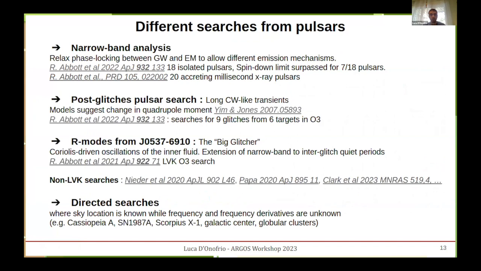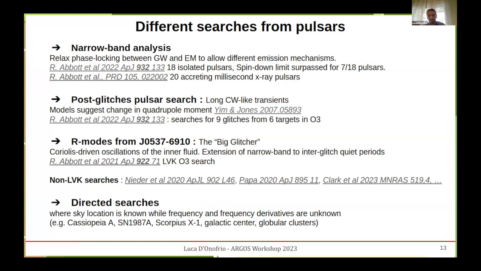We perform also different kinds of analysis for pulsars. First of all, the narrow band searches, in which you relax the assumption of the relation between the gravitational wave frequency and the rotation frequency. So you allow an unknown mismatch between the rotation parameters and the gravitational wave parameters.